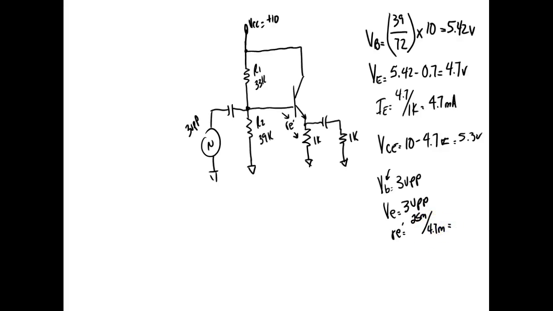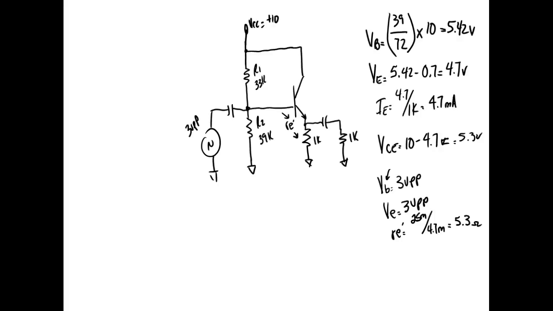Millis are going to cancel. So it's going to be a little over 5, right? What is it? 5.3 ohms. So if I knew the base current, then I could calculate the voltage drop of RE prime. It's not going to be much, is it? Because base current is really, really small. So ours should be really close.